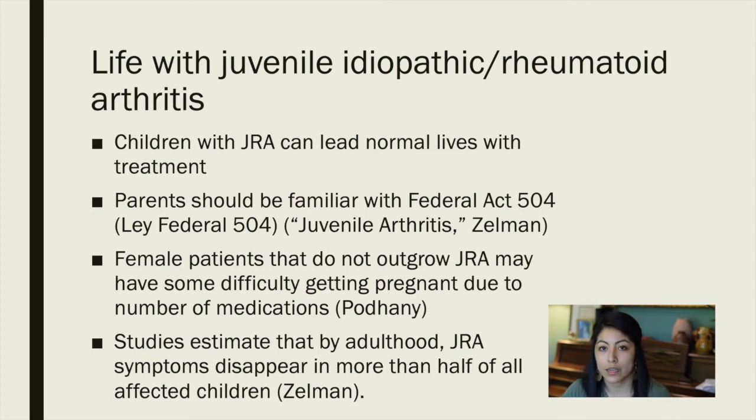While some children outgrow JRA, there are a number of patients that do not outgrow it, and in females it can have an effect on their ability to become pregnant, and that's mainly due to the different medications that they are on. So that is another thing to consider and be mindful of.